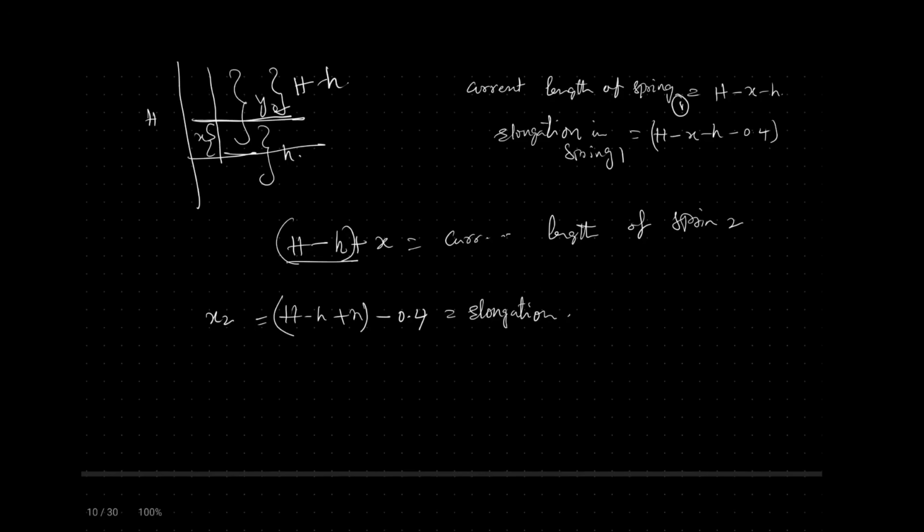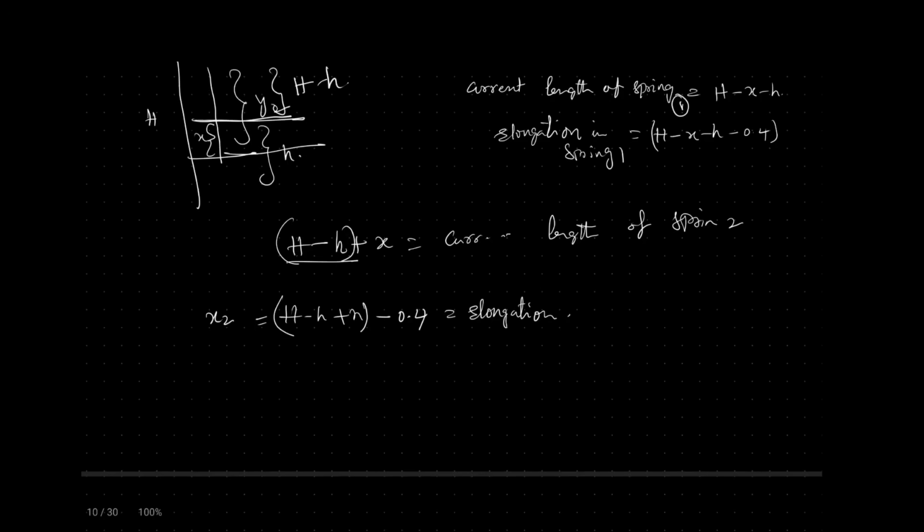We know the capital H value is 1.5 meters, small h is 0.5 meters, and we just want the value of x. Let's solve for x. 25 into (capital H minus small h, which is 1, minus x minus 0.4) equals 15 into (1 minus 0.4 plus x).